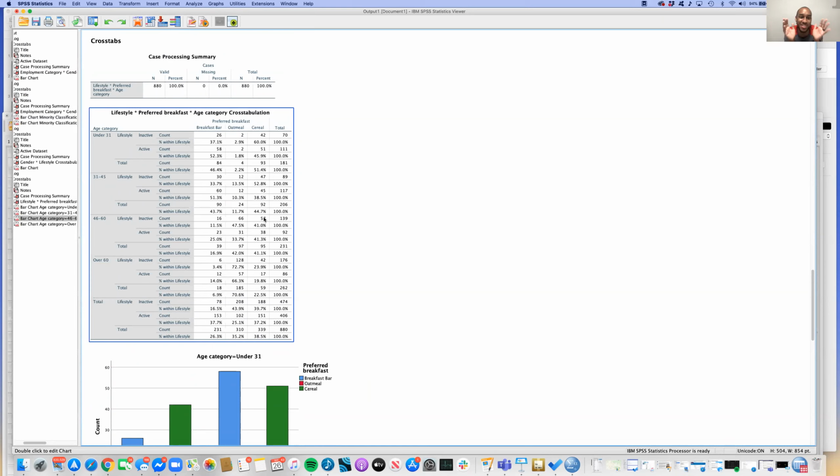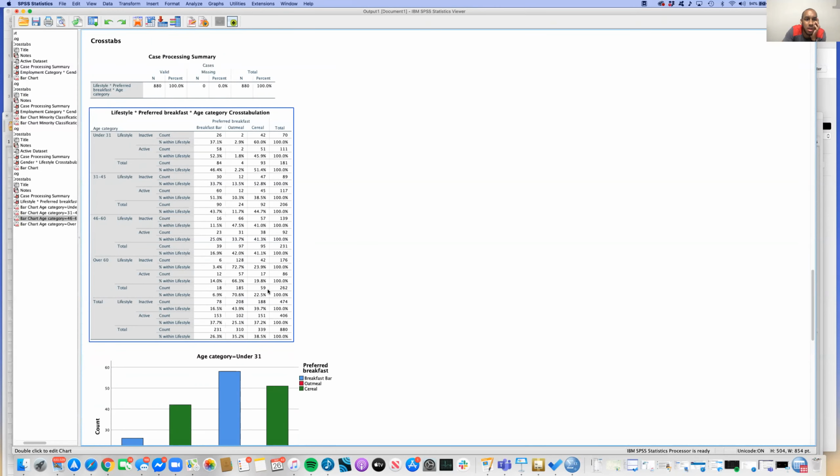I was looking at the chart and I got it completely wrong. So what's the answer? The young people under 31, because they're at the 60% that eat cereal. Can you repeat the question? The question was, in what age category is there the largest percentage of inactive people that eat cereal?